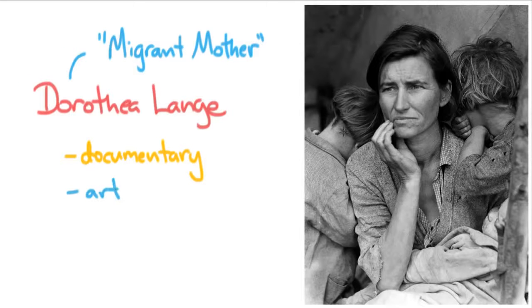If you are trying to document things as they are happening without influencing, or doing the least you can to influence, and you can never truly not influence a situation, then you are working as a documentary photographer.